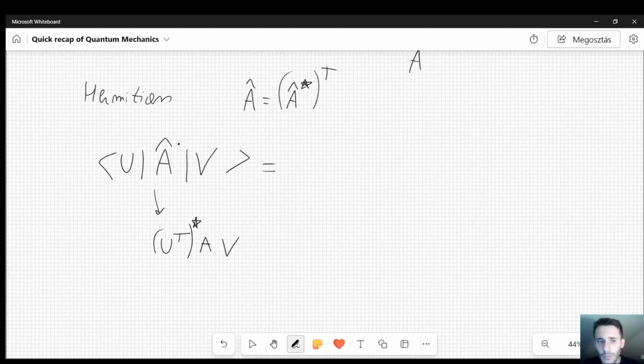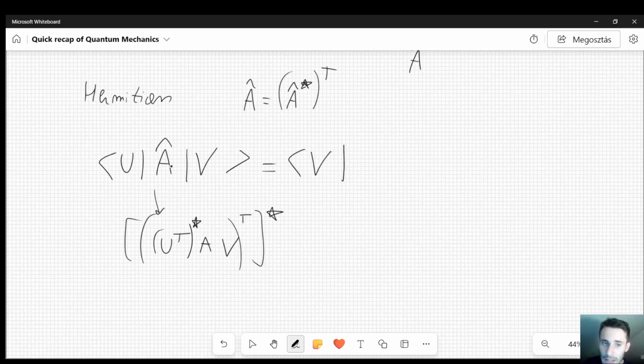So we want to impose that this number is a real number. So it means that if we take the complex conjugate transpose of such an expression, so this is a number. If we take the transpose, of course that remains the same. But we must also take the complex conjugate. So we take the complex conjugate transpose of that, and we can denote it like this.